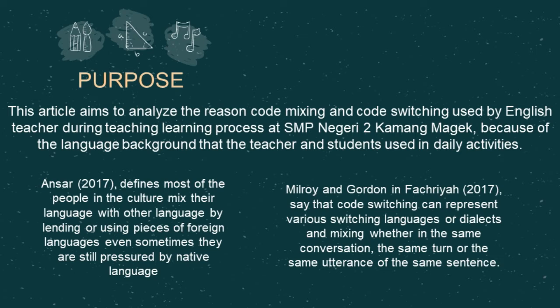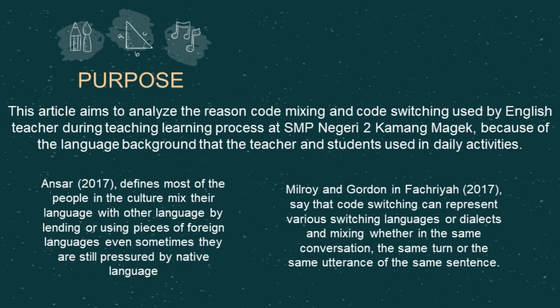utterances. Fitria 2017 defines that most people in a culture mix their language with another language by lending or using pieces of a foreign language, even though sometimes they are still pressured by their native language.